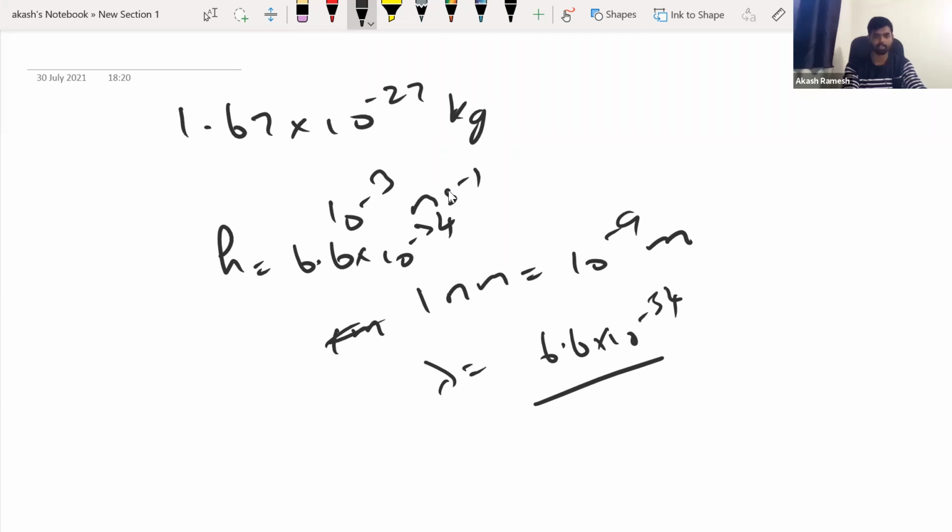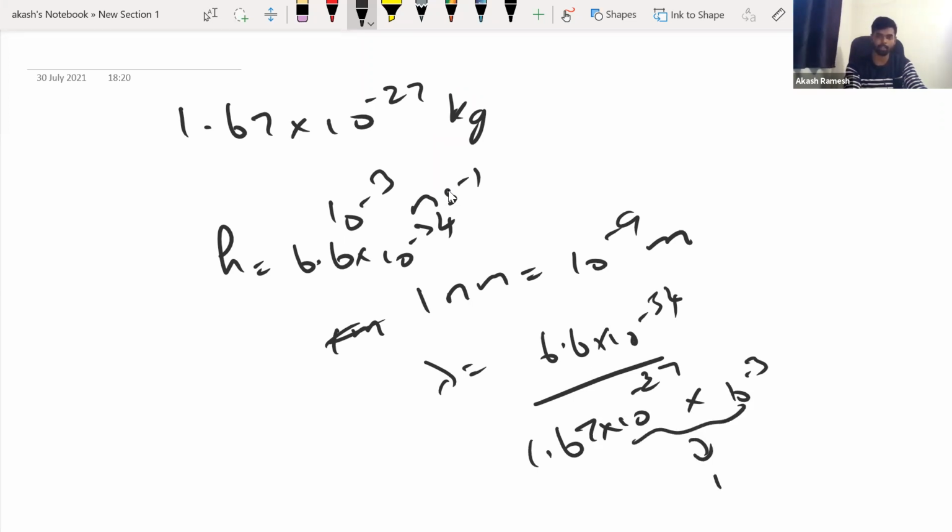Okay, we'll check. So m is 1.67 into 10 to the power minus 27, and v they have given as 10 to the power minus 3. This alone will give me 10 to the power minus 30. Above I have 10 to the power minus 34, so I can cancel and write 10 to the power minus 4 here.